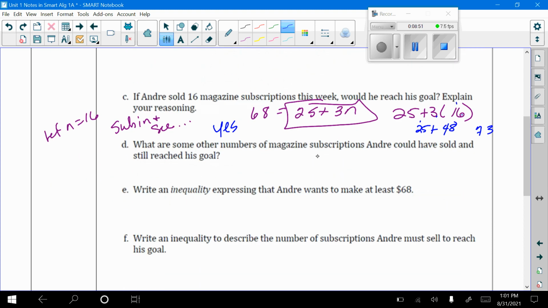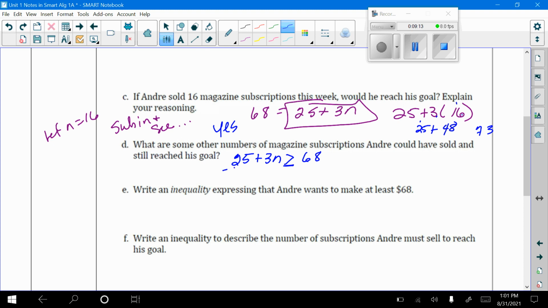What are some numbers of the magazine subscriptions Andre could have sold and still reached his goal? Well, you can either plug and chug, or another way would be to go ahead and solve it and then find out. He wants the 25 plus 3n value to be greater than or equal to 68.